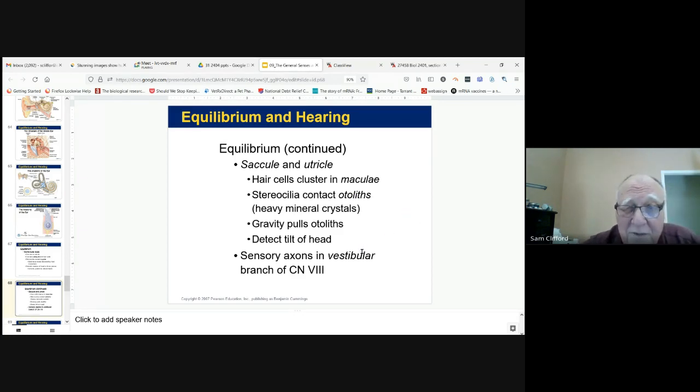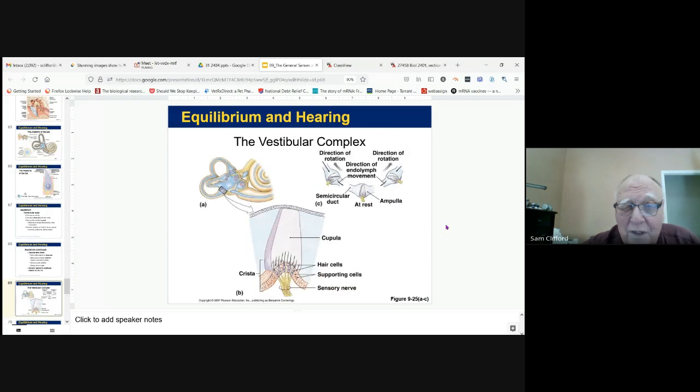So we mentioned the vestibular nerve and the cochlear nerve. The vestibular complex includes the semicircular canals and the saccule and the utricle and the vestibular region. And this cupola responds to the movement of the fluid around it, and that's going to indicate what direction your head is rotating.